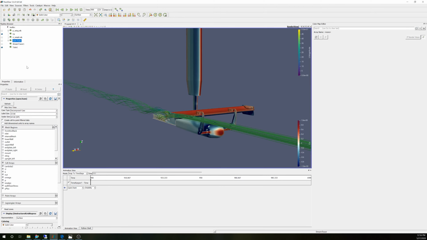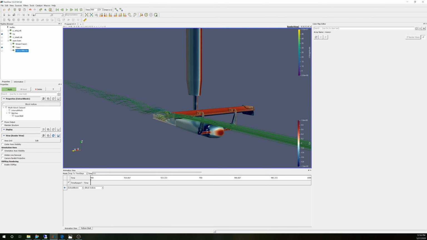Let's see, did it load? Alright, it looks like it loaded, so let me extract that out. Apparently it didn't fully load. Here we go. Pulling the lower wall.